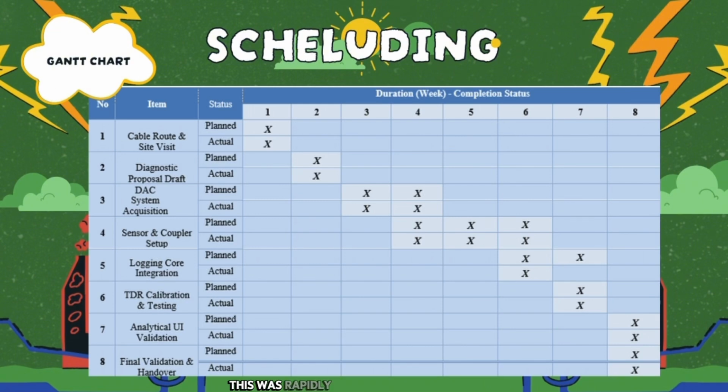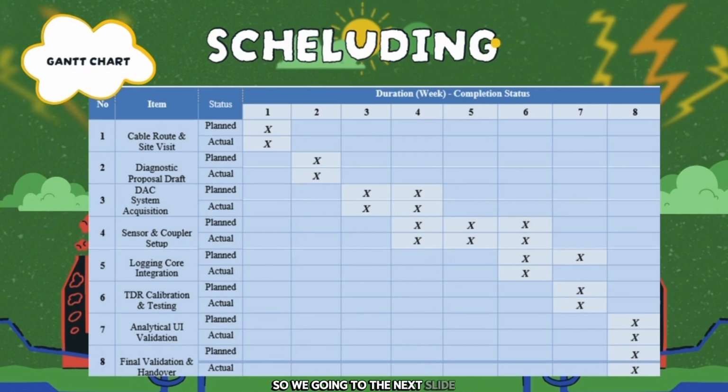This was rapidly followed by sensor setup, system integration, TDR calibration, and software UI validation, concluding with final system validation and asset handover. So you can see the slide, the item there, the status there, and the duration of our completion status. So we go into the next slide.